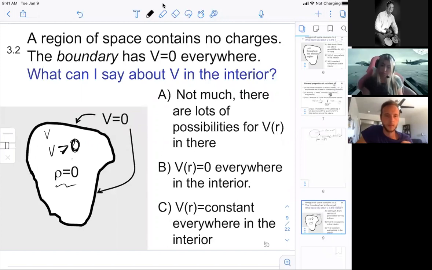Likewise, if V is less than 0, then your minimum is less than 0, which is also still inside. Either way, there's going to be a maximum or minimum that is not at the boundary, just inside, and that conflicts with your first property. And 0 must be the only way to make sure that is not violated.